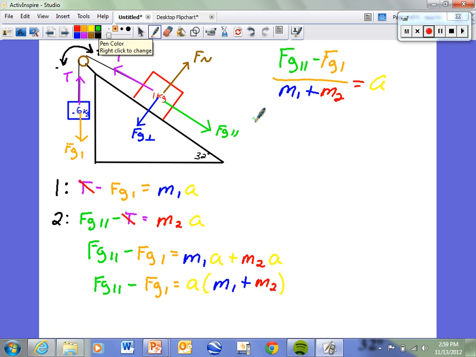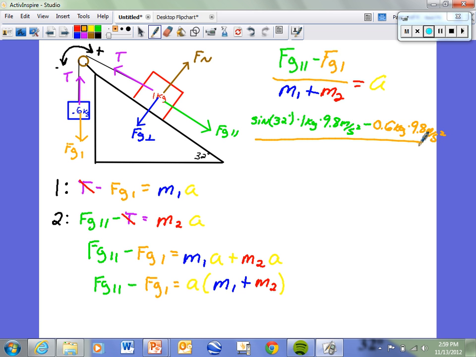Force of gravity parallel is the sine of my angle, which is 32 degrees, times the mass of the block, which is 1 kilogram, times 9.8 meters per second squared, minus force of gravity 1, which is 0.6 kilograms times 9.8 meters per second squared, all divided by mass 1, which is 0.6 kilograms, plus mass 2, which is 1 kilogram.